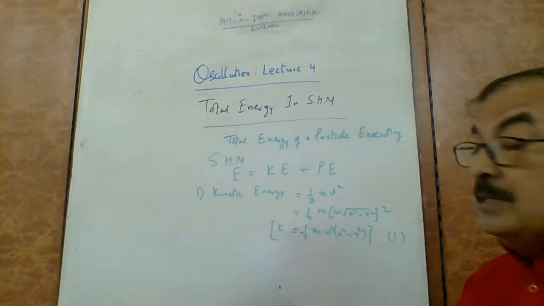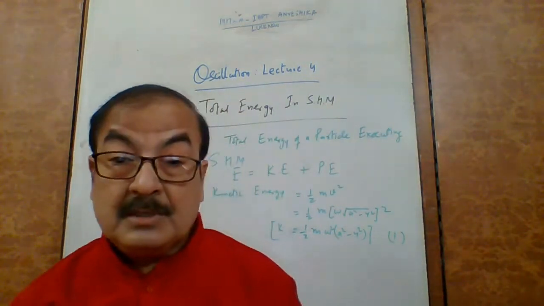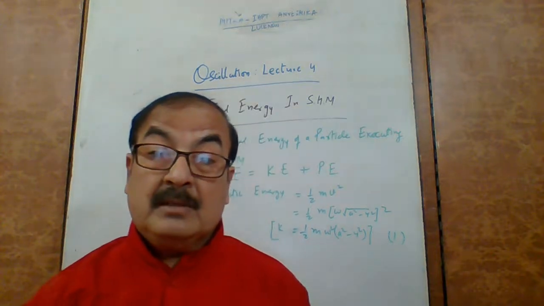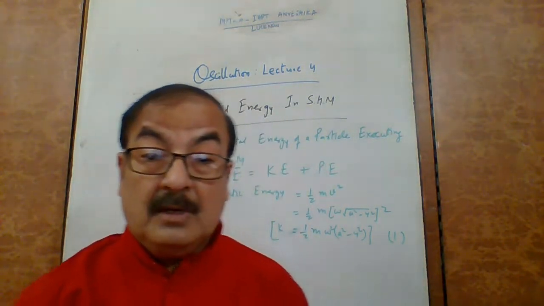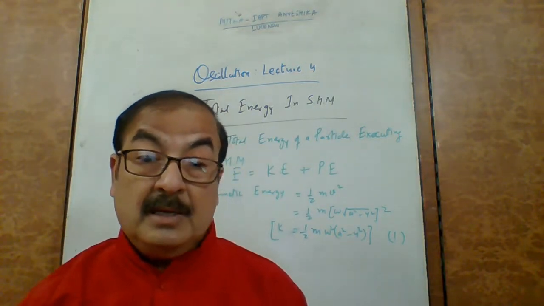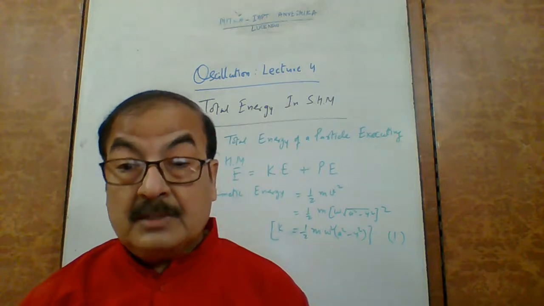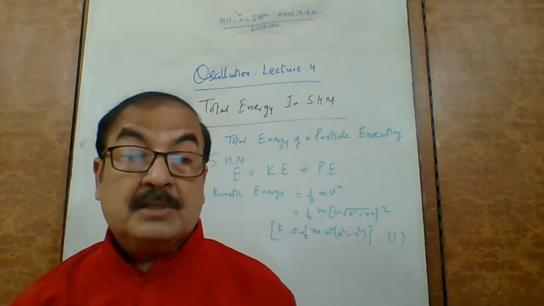Now we have to find the potential energy. To find the potential energy, we have to take the work done against the restoring force, because whenever we do some work against the restoring force, naturally that work done is stored in the form of potential energy.